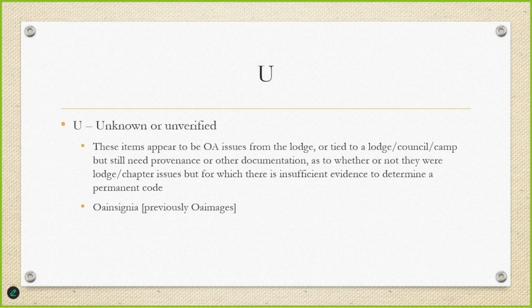And so U is unknown or unverified. These items appear to be OA issues from the lodge or tied to a lodge/council/camp, but still need provenance or other documentation as to whether or not they were lodge/chapter issues, but for which there is insufficient evidence to determine a permanent code. I will mention, by the way, I would love to see the preponderance of evidence on any number of lodge issues, because I have a feeling that for most lodge issues, we don't have any particular evidence.